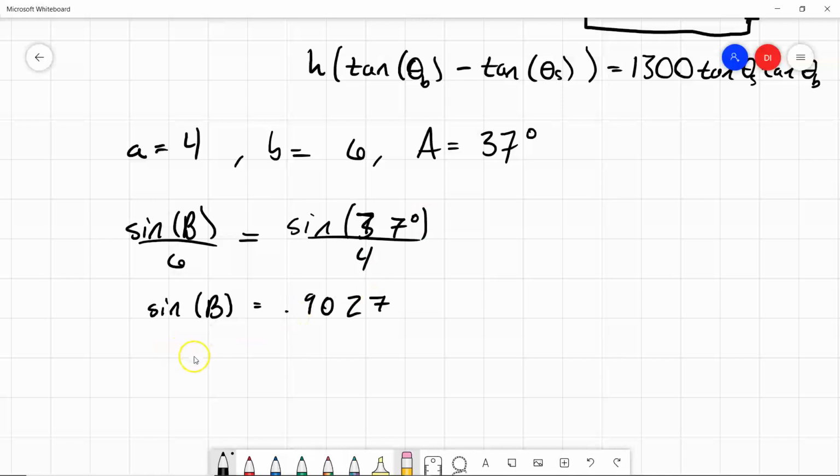In this case, we get 64 degrees. So B1 is equal to 64 degrees. B2 is always possible, and we can find it by just doing 180 minus B1.